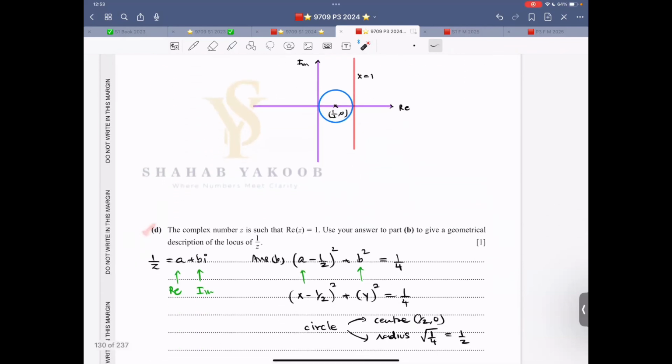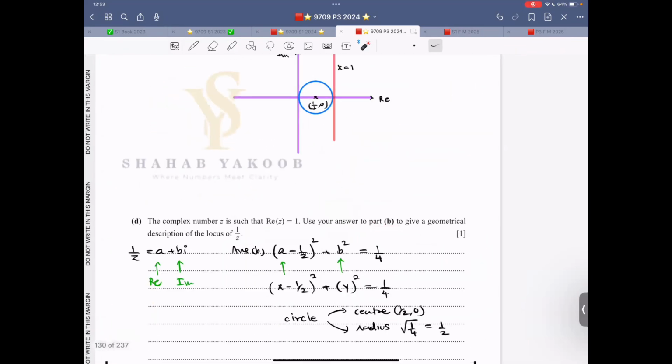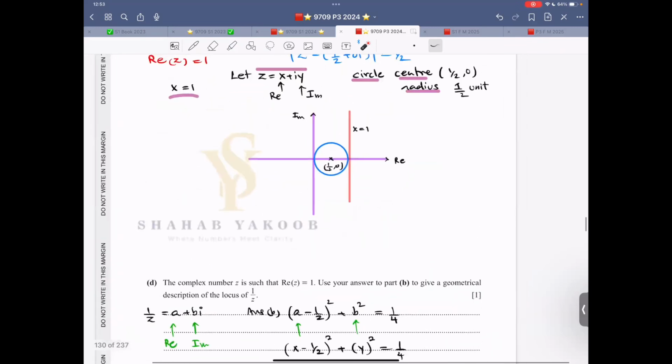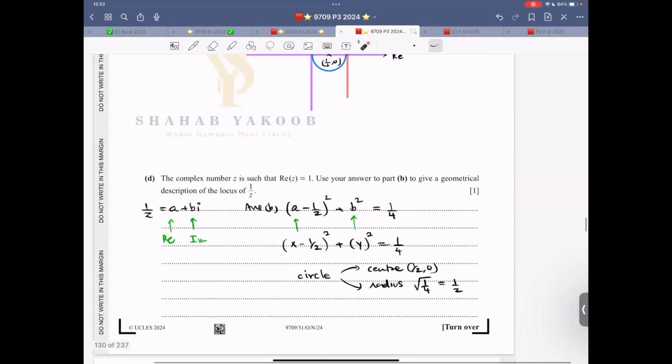Now in part D, they are saying the complex number is such that the real part of z is 1. Use your answer to part B to give a geometrical description of the locus 1 over z. So now the real part is this thing, 1, and it is linked with this thing, a minus half b, because it's linking with part B. A minus half b plus b square is 1/4.